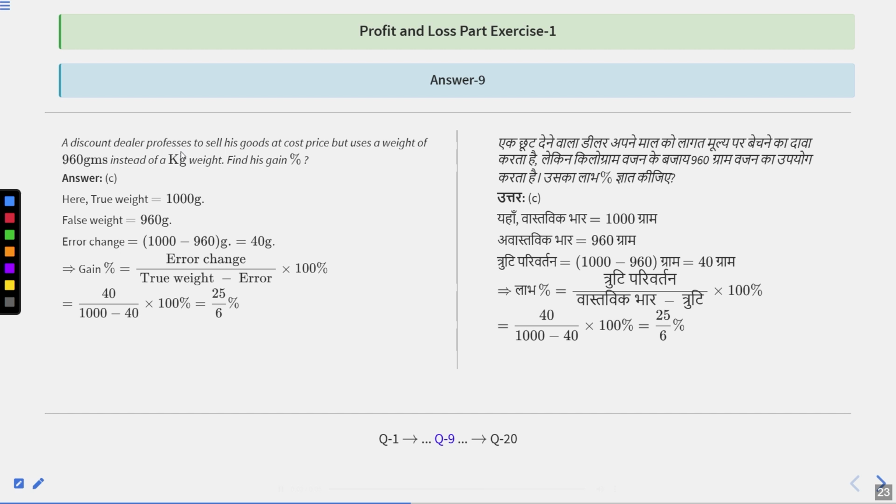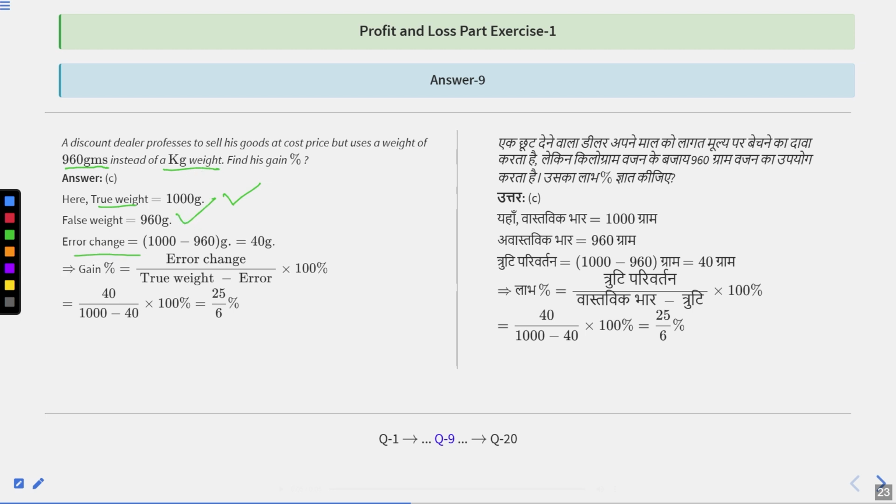A dishonest dealer professes to sell his goods at cost price, but he uses a weight of 960 grams instead of 1 kg weight. 1 kg means the true weight is 1000 gram. He uses 960 gram instead of 1 kg.